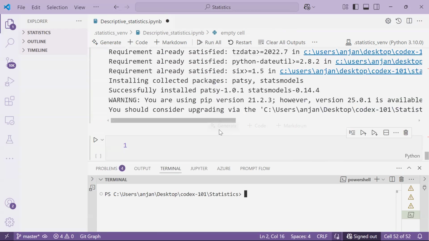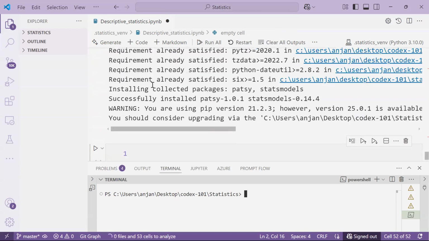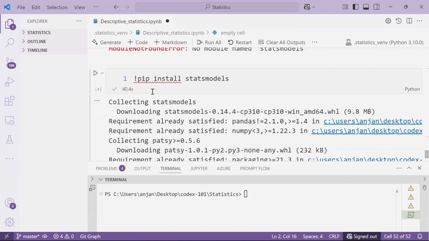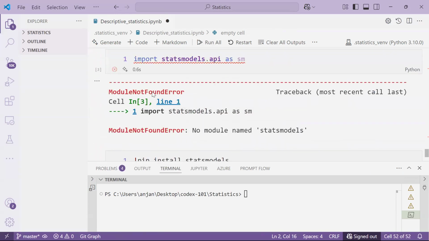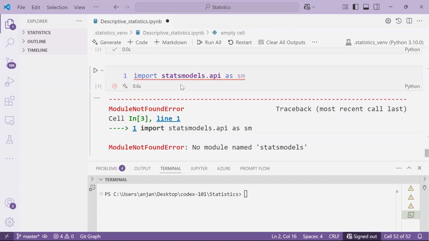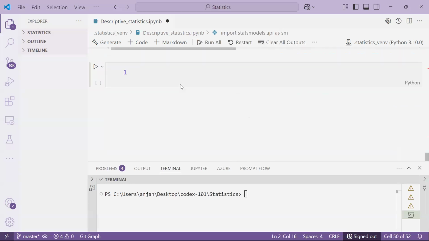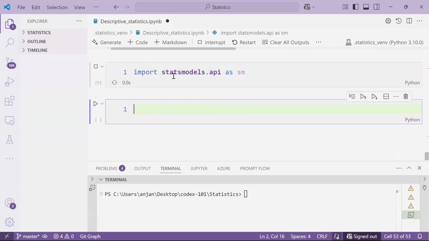Okay, installation is done, right? Now I would like to rerun it. Just taking the copy and running it. Yep, imported successfully.